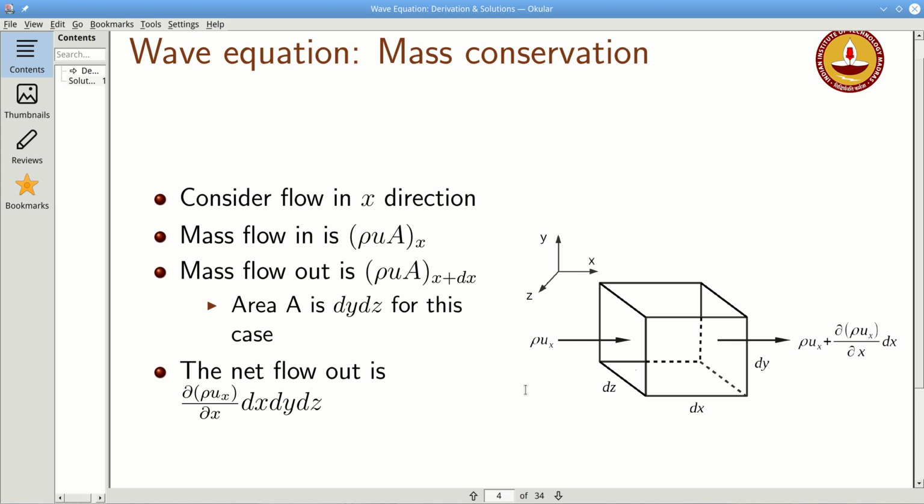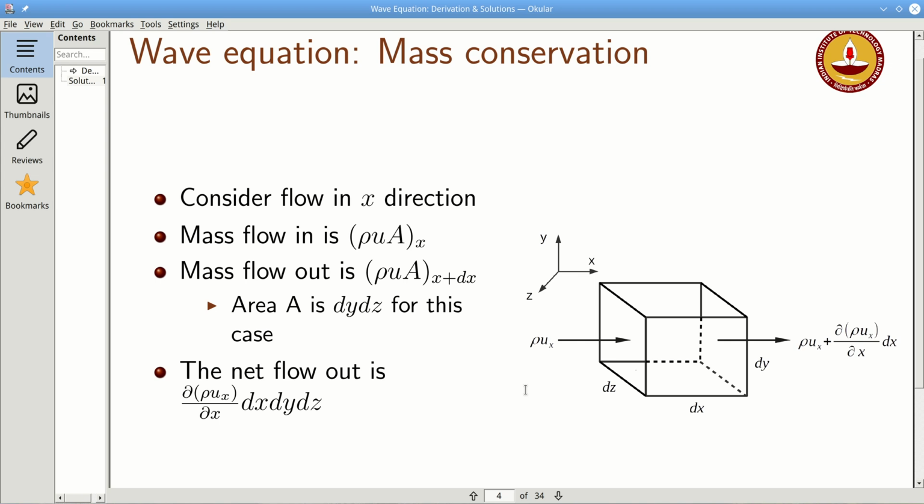On the other side I have rho ux plus, from the Taylor series expansion, dou by dou x of rho ux. Remember that dy dz doesn't change, whereas the density as well as the particle velocity changes from location to location. At a particular location it is homogeneous. So in that area, what we have assumed is that it will always be rho u irrespective of where I measure on that dy dz.